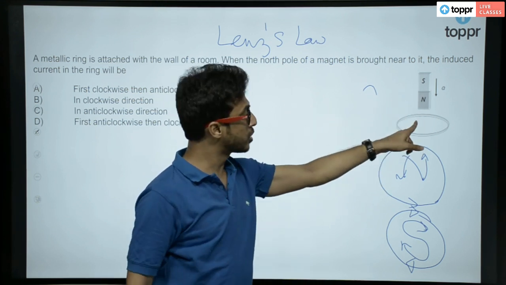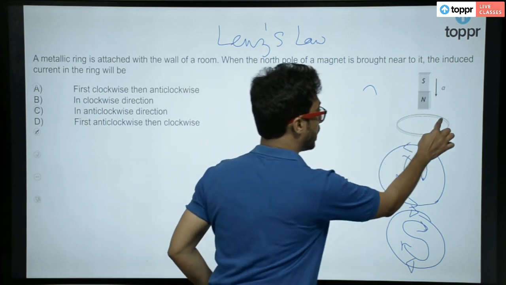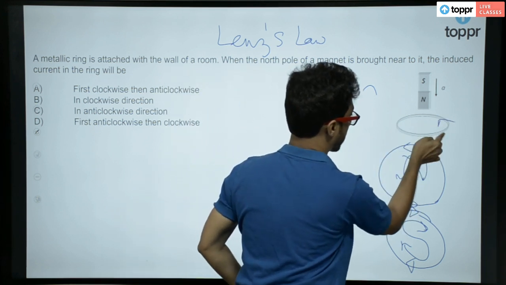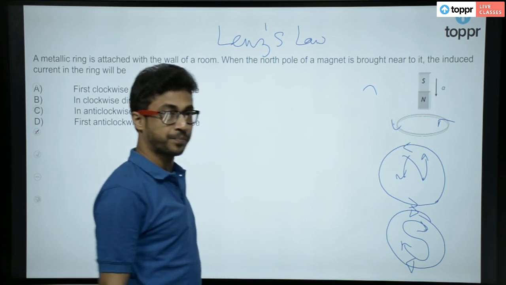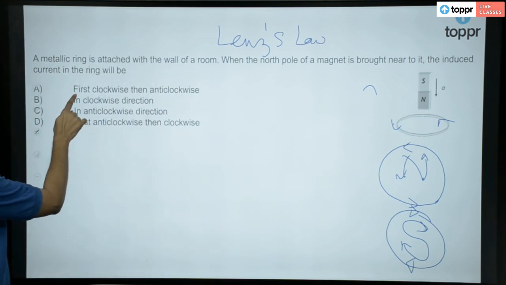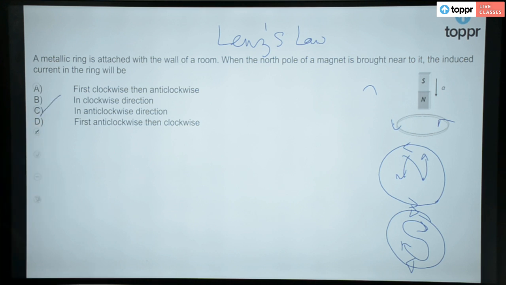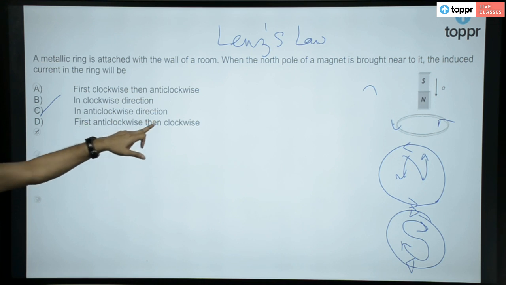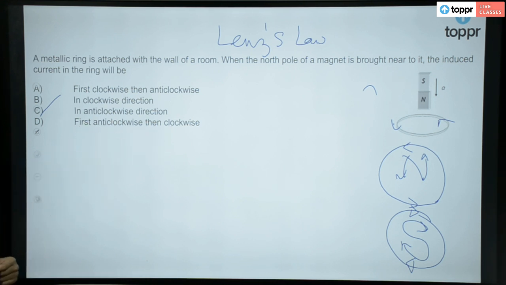It will oppose the motion. So, make a north pole. This will be anti-clockwise. Okay, so the answer is anti-clockwise direction. But see, one thing, first clockwise then anti-clockwise, first anti-clockwise then clockwise, these options are also given.